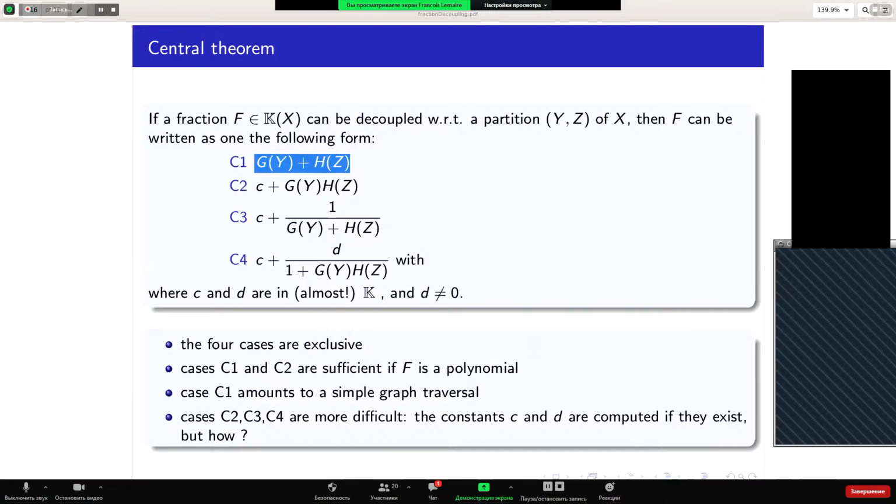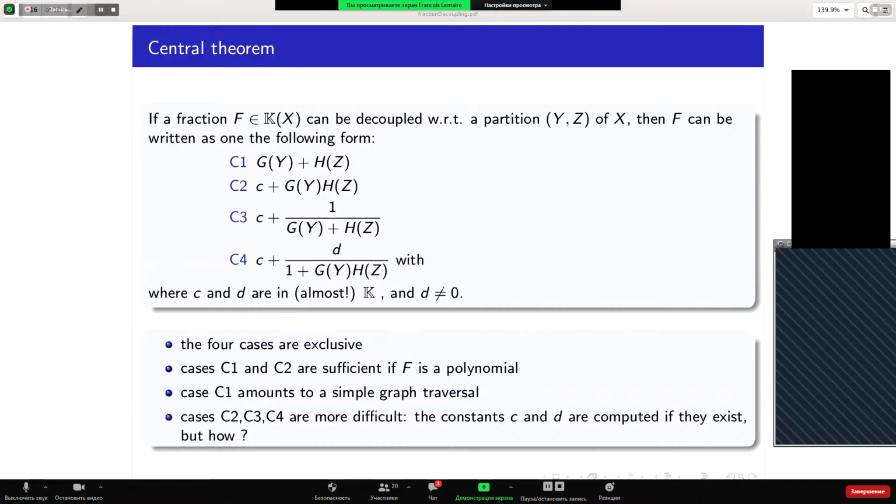It's either a sum of two fractions with independent variables, or a constant plus a product of two fractions with different variables, and also these last two terms, a constant plus the inverse of a sum, etc. So you have four different cases, and you have to develop some strategy to recognize each of these cases. That's what the algorithm does. The algorithm will try each case, and if it succeeds, it will call itself recursively.